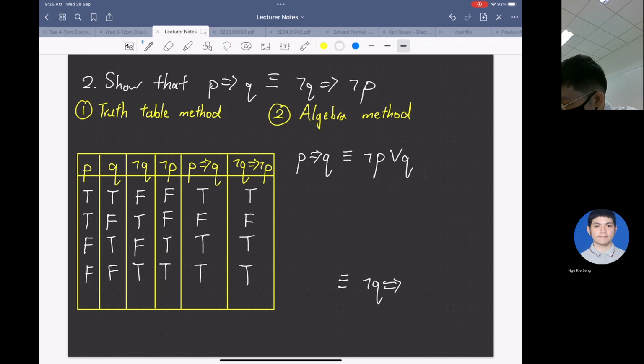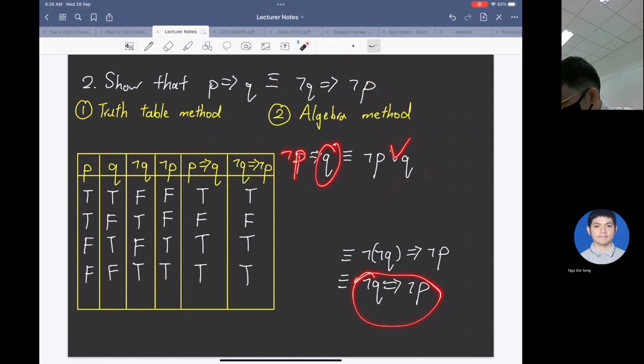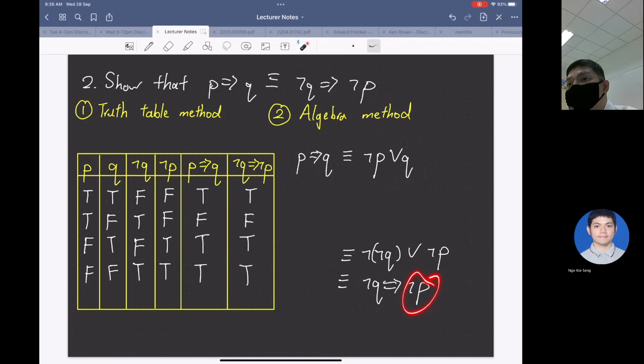So what is not Q implies not P? P implies Q is not this one or this one. So not this, sorry, or not P. Everyone follow?